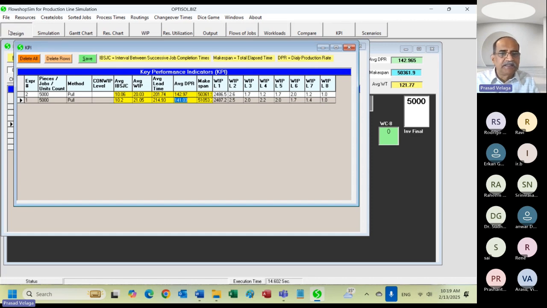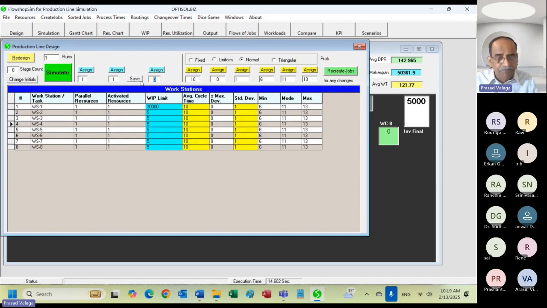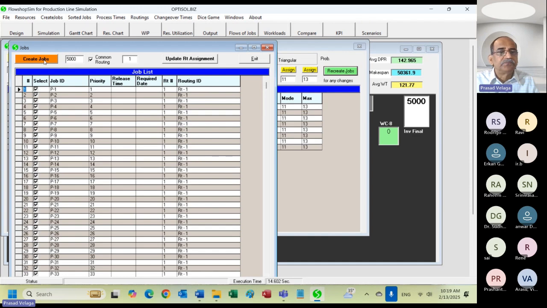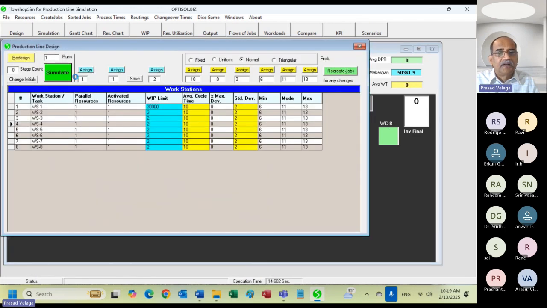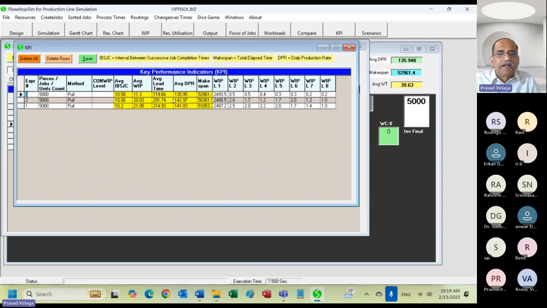So let us see the other scenario. WIP limit is low, only 2, and sigma is 2. Now I'm considering this as the third scenario. Because the WIP limit is low, you're losing some productivity.